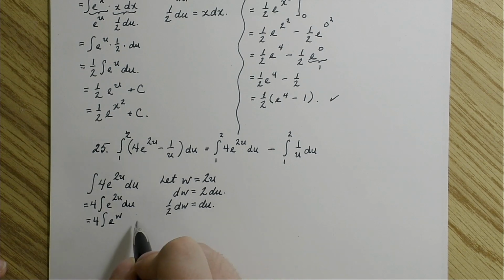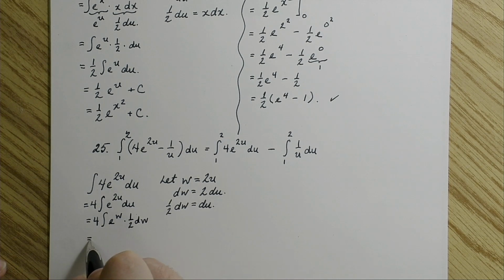And for the du, that's equal to 1/2 dw. And I'm going to pull out that 1/2 in front again, so I got 4 times 1/2 times the integral of e to the w dw. 4 times a half gives me 2.